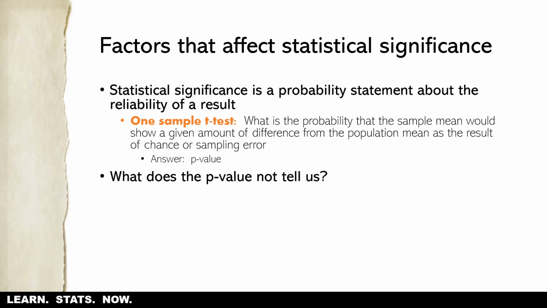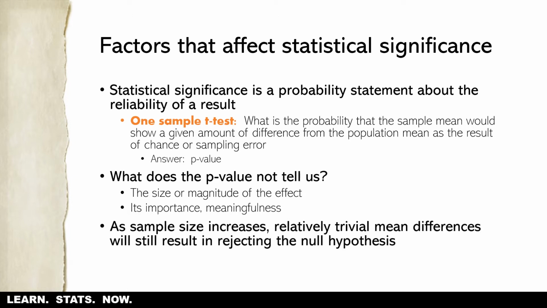So what does the p-value not tell us? Well, it doesn't tell us the size or the magnitude of the effect. It doesn't tell us its importance or the meaningfulness of the effect. And typically speaking, as sample size increases, because that has an effect on the calculation of the standard error of the mean, relatively trivial mean differences can still result in rejecting the null hypothesis.